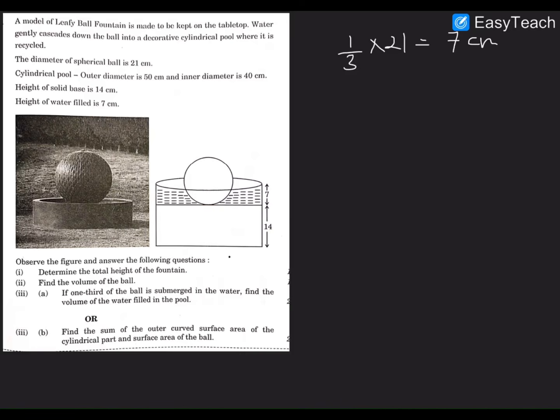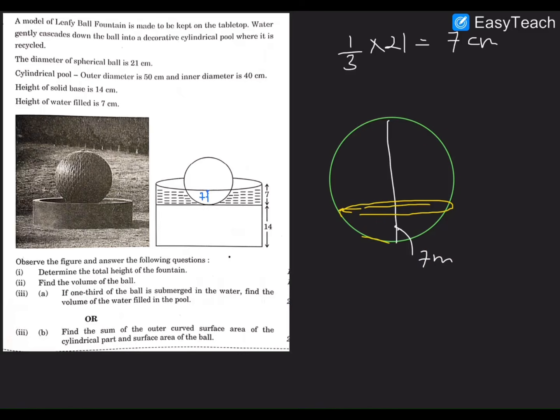Now try to analyze this question. 7 centimeters means this height is 7 centimeters, and this ball's diameter is given as 21 centimeters and you are cutting 1/3 of this, somewhere here, and this height which I have marked with the white color is your 7 centimeters.